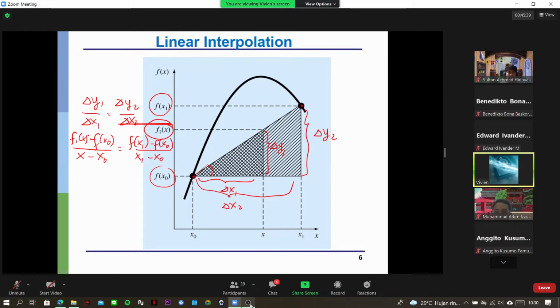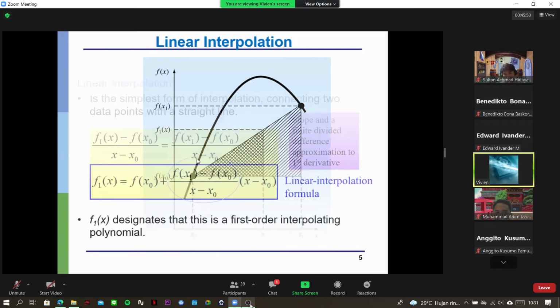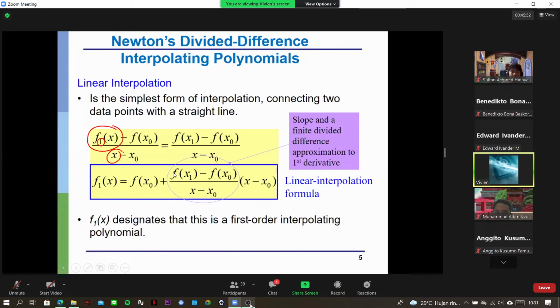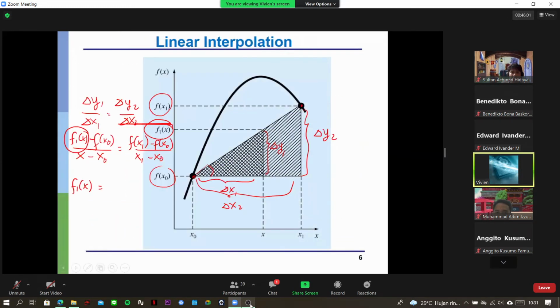When we want to find the value here, we simply move that to the right-hand side, so that we have this form of equation. We have f(x0) plus this one, which is the slope, times x minus x0. So this is the slope of the 2 data points that we have.